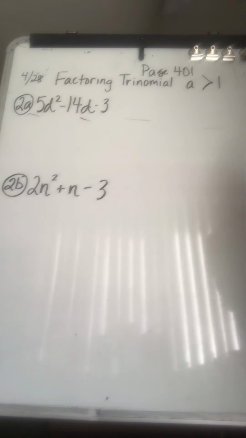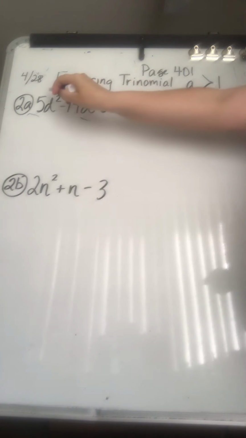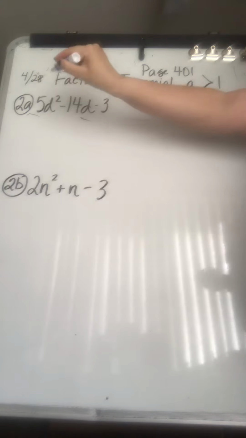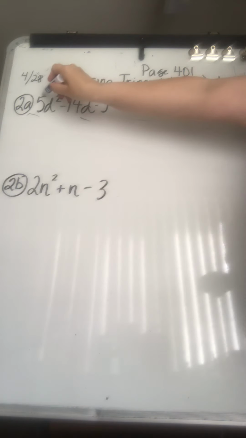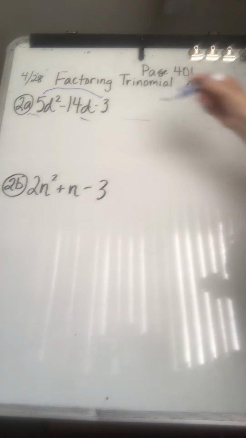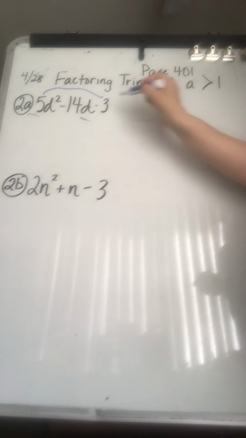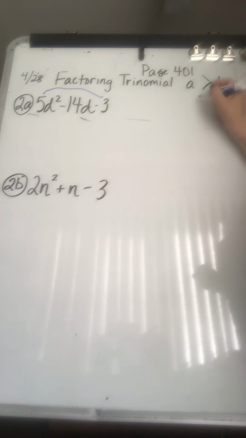Okay, we're still going to do the same thing, or probably a little bit different. Now I'm multiplying 5 times -3, so that's going to give me -15d squared.